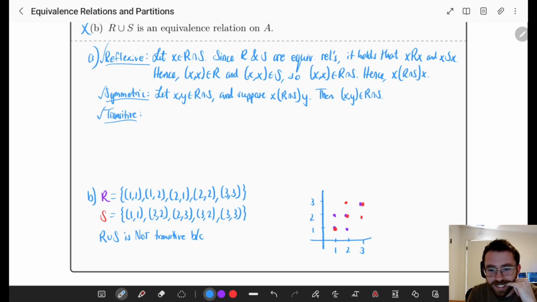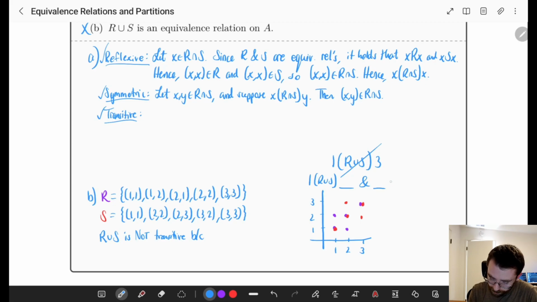Let's think about this. Basically, the only thing I can really look at is one of these spaces. I want to show that 1 is not related to 3 by this union relation. So I would have to start with 1 is related to something, blank, and that thing is related to 3.